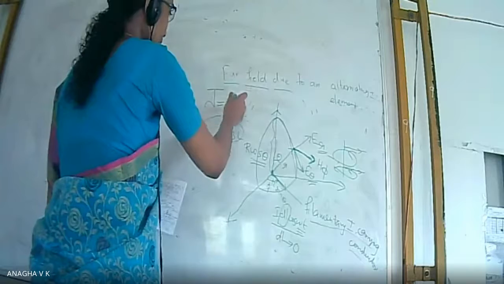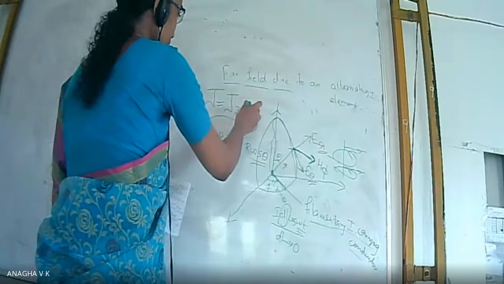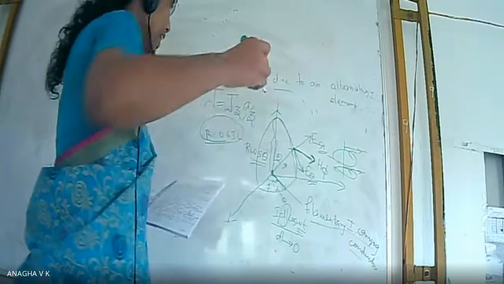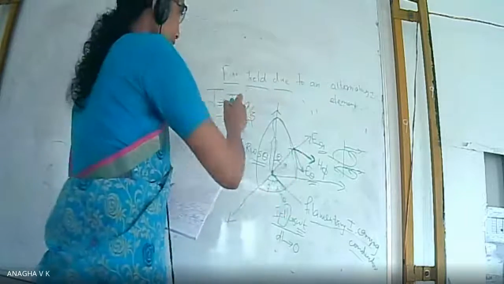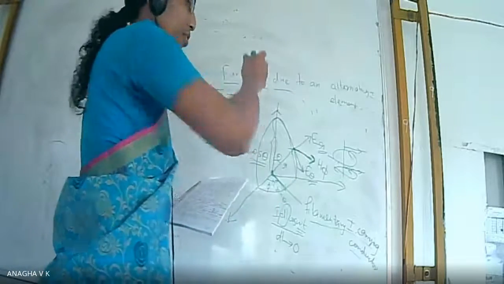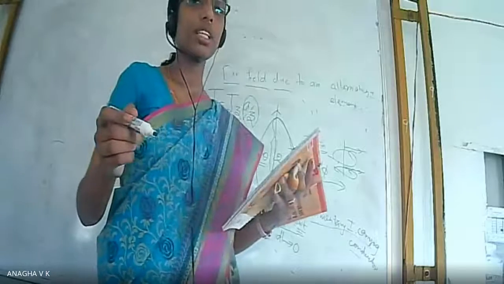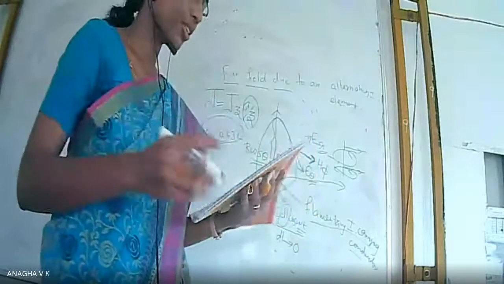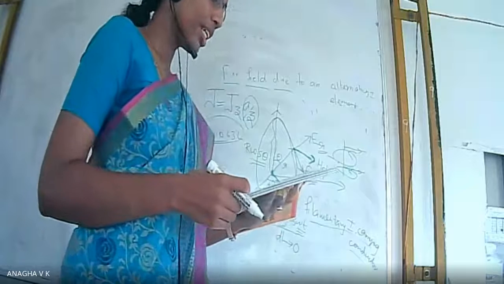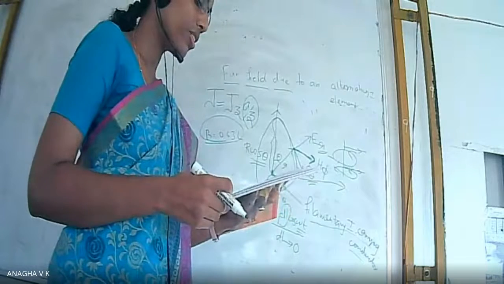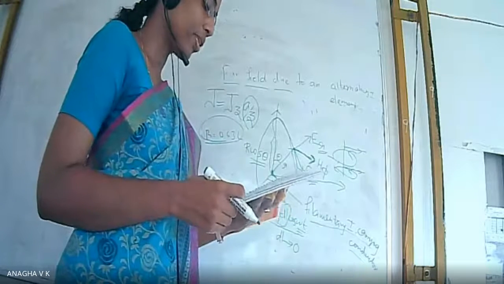So we can write current density as J equal to Jz Az, where Az is the unit vector in the z direction. So the vector magnetic potential A will also have only a z component.